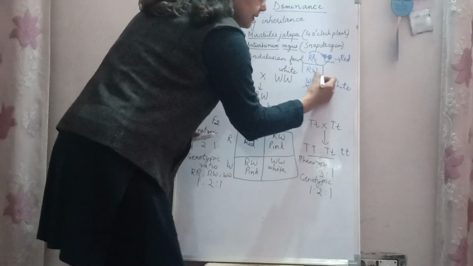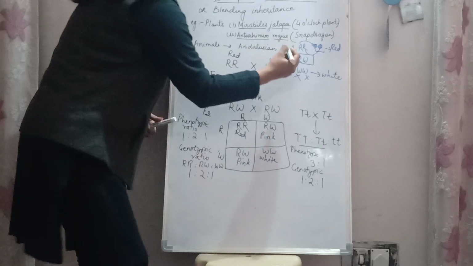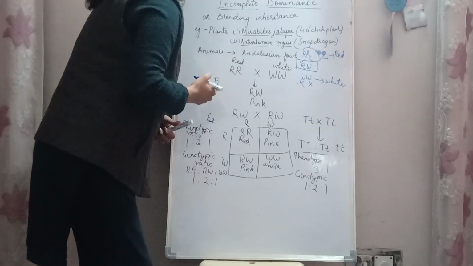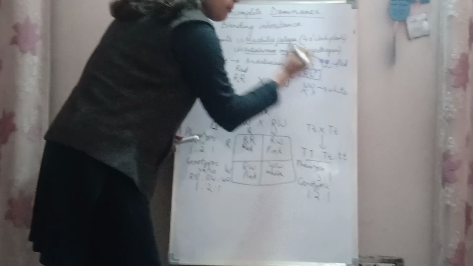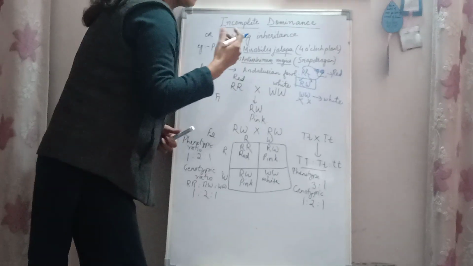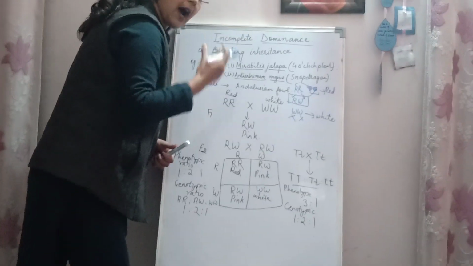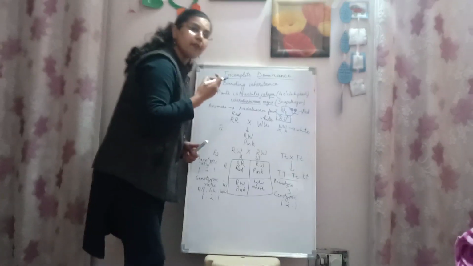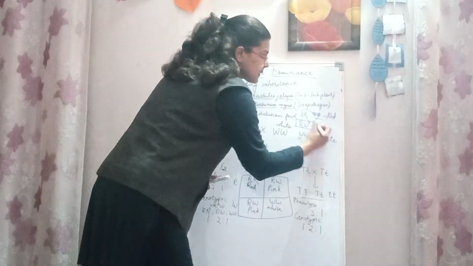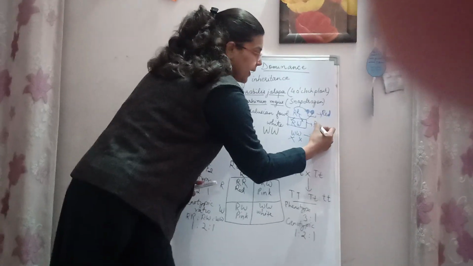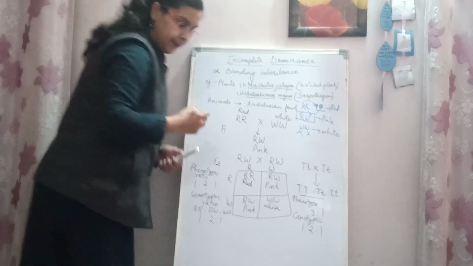However, when we see the heterozygous state, here this allele produces the color, this allele fails to produce the color. So what you get quantitatively is half the copy of the pigment. So it seems to be a blend, and what you get is a pink color, right?